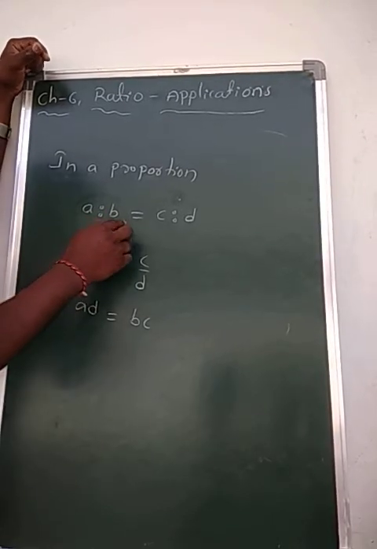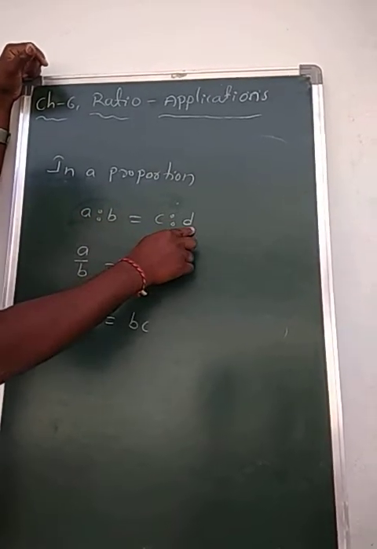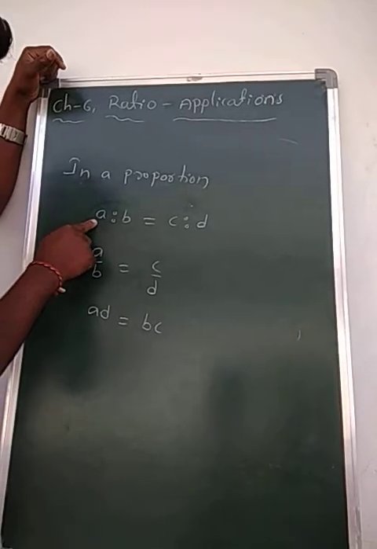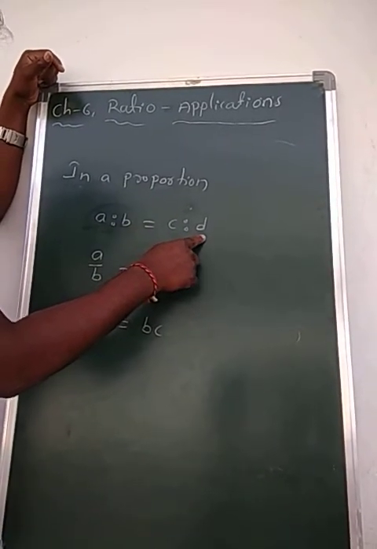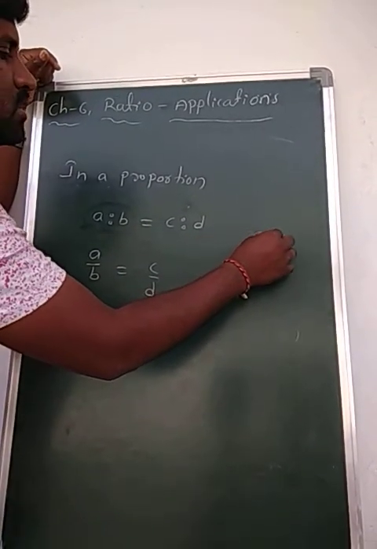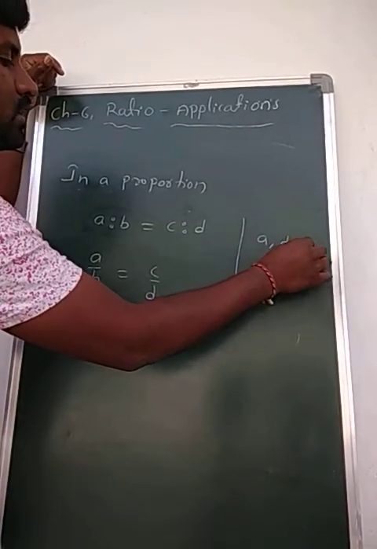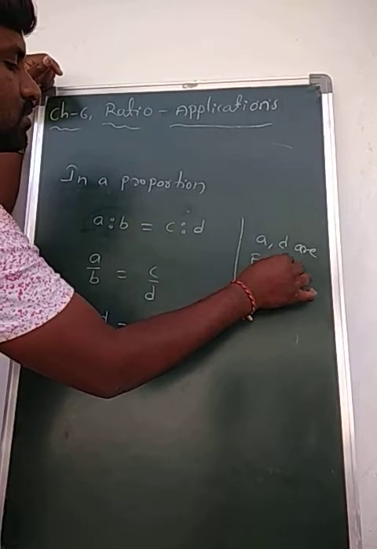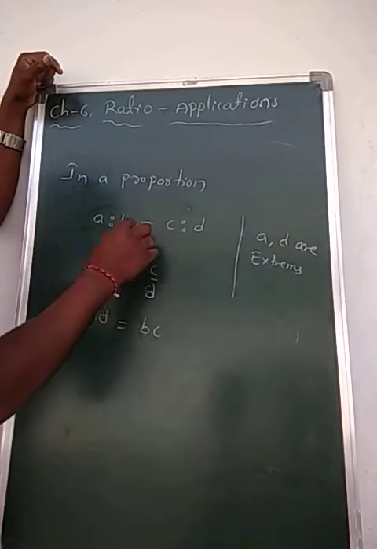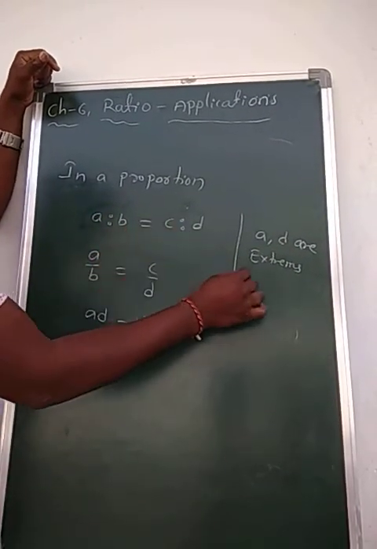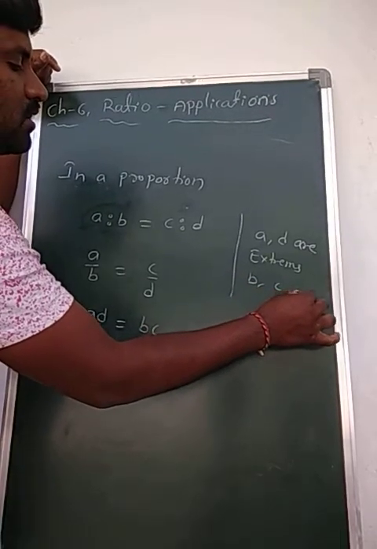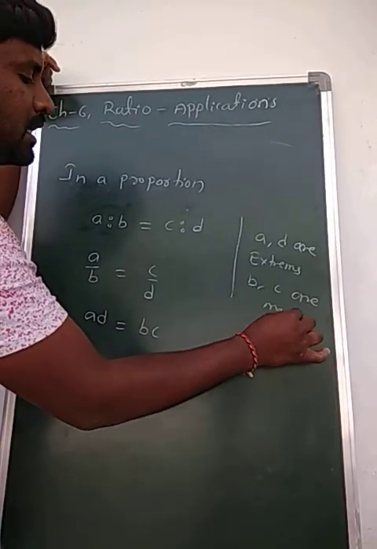The first term A and fourth term D are called extremes. A comma D are extremes, and second term and third term, B comma C, are means.